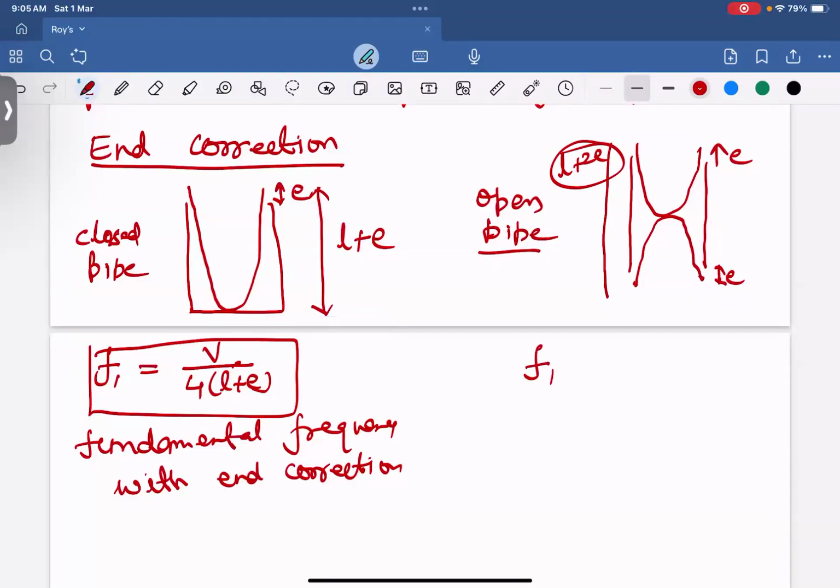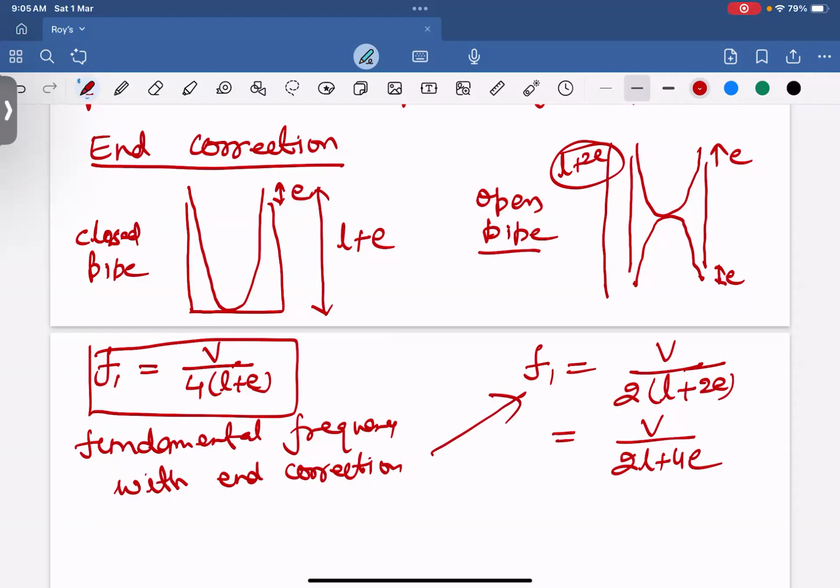That's why here the fundamental frequency formula is V by 2L, but we write V by 2 times (L plus 2E), or you can also write it as V by 2L plus 4E. So this is also the fundamental frequency with end correction.